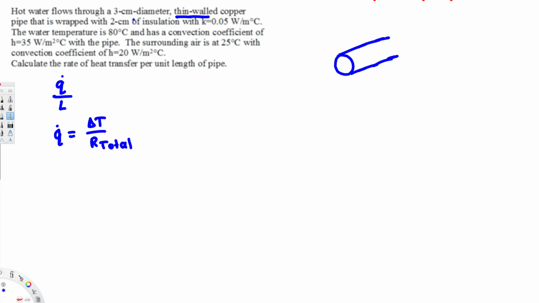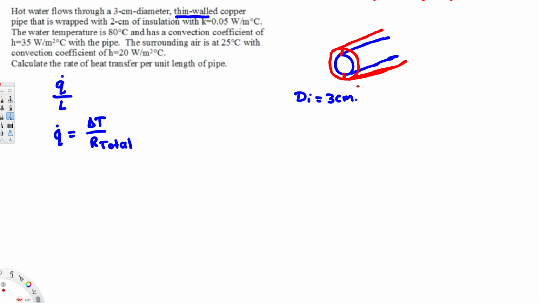Now let's put the radius and diameters. First we have the inner diameter, D I, that is 3 centimeter, and they have mentioned that this is wrapped with 2 centimeters of insulation. So we are going to have 2 centimeter thickness around it. If you imagine, this is 2 centimeter, this is 2 centimeter, so totally we are going to have 3 plus 4, that's 7 centimeter.